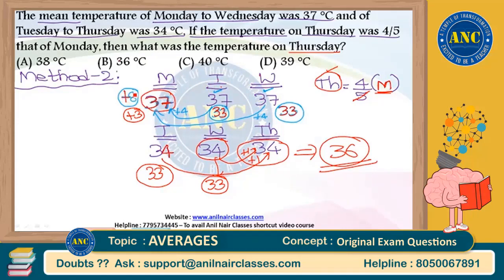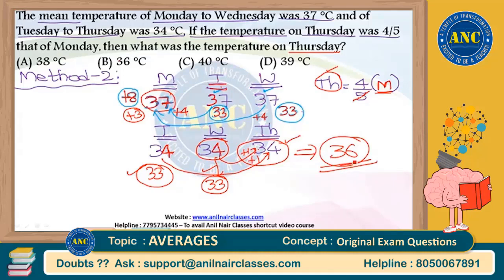That means 8 units to be added for Monday. 8 units means 4 taken from Tuesday, 4 taken from Wednesday. If I take 4 and 4 each, 37 becomes 33. Tuesday is 33, but here it is 34. Take 1 rupee from Tuesday and give it to Thursday. It became 33. Take 1 rupee from Wednesday, give it to Thursday. It became 33. Thursday became 34 plus 2, 36.